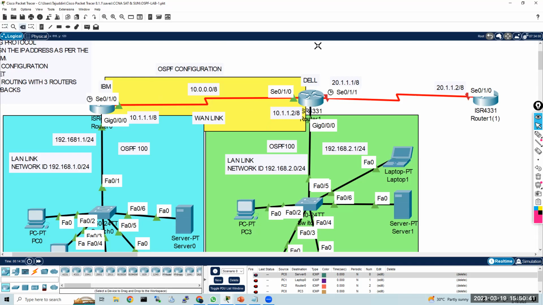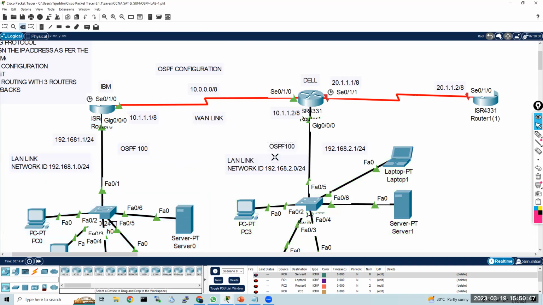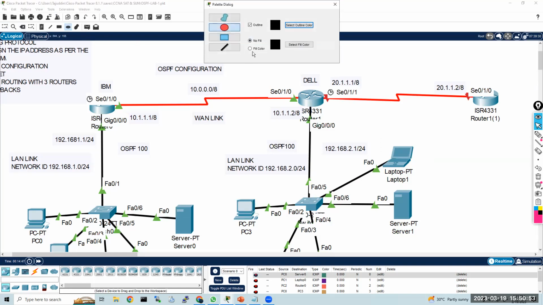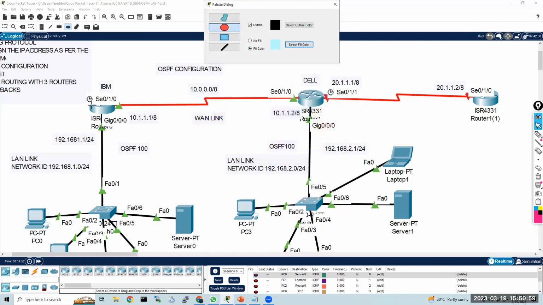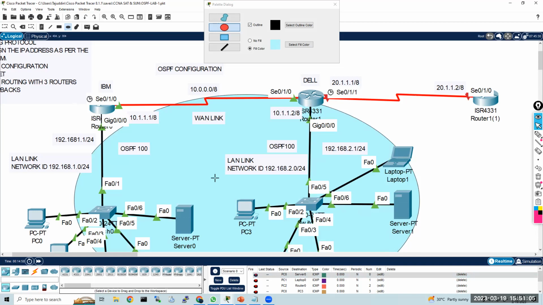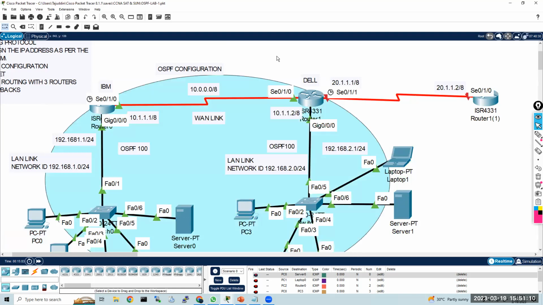Let me remove all the coloring that we made. These all belong to area 0.